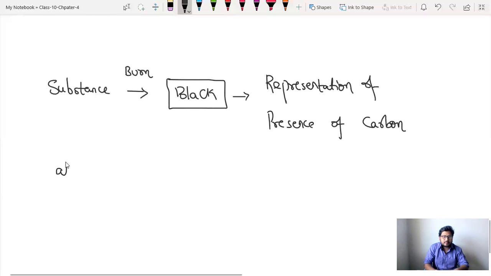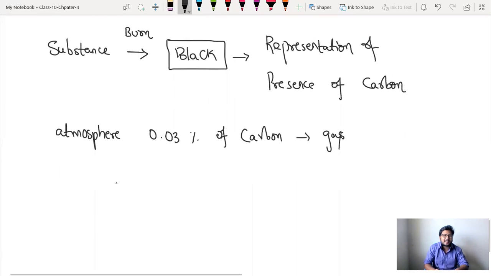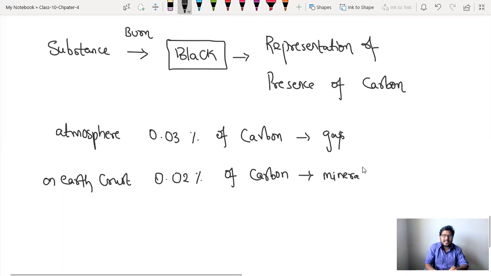In the atmosphere, we have just 0.03% of carbon in the form of gas like carbon dioxide, carbon monoxide, etc. On Earth's crust, there is only 0.02% of carbon in the form of substances or minerals like carbonates, etc. You see, not even 1%, not even 0.5%.